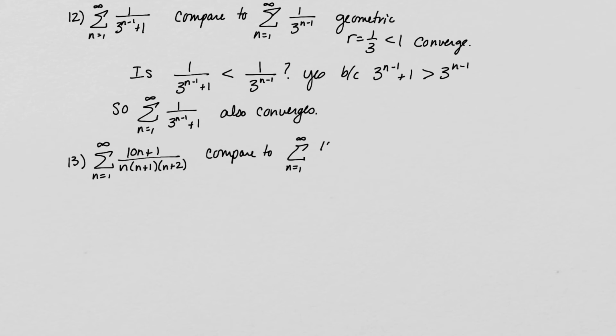The biggest piece on the top is 10n. The biggest piece on the bottom, if you multiplied all that stuff out, you would get an n from here, an n from here, and an n from here. So you'd end up with an n cubed. The n and the n cubed would cancel, and we'd have an n squared. So we have the summation n equals 1 to infinity of 10 over n squared.